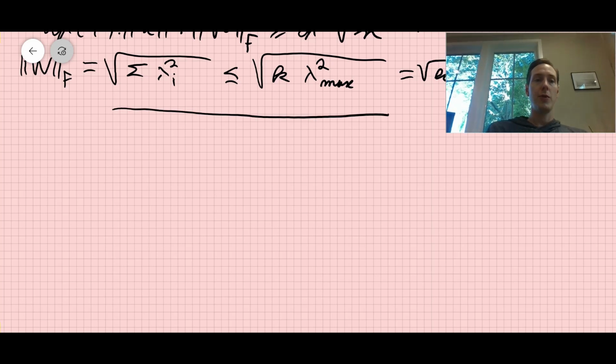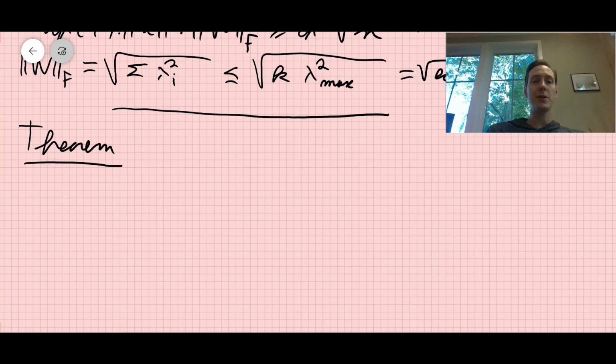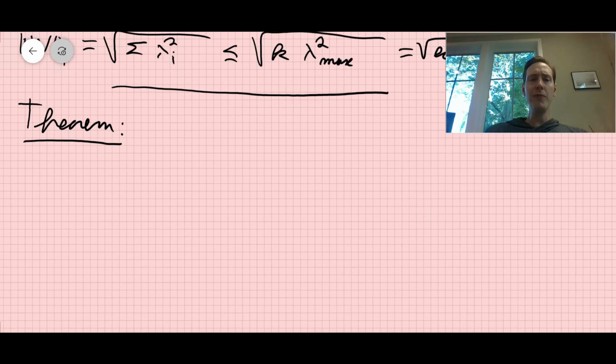Here is another theorem, but you will see that when you want to bound the true Lipschitz constant, things get more complicated. While before it was for any activation function psi, this theorem is going to be specifically for the ReLU.